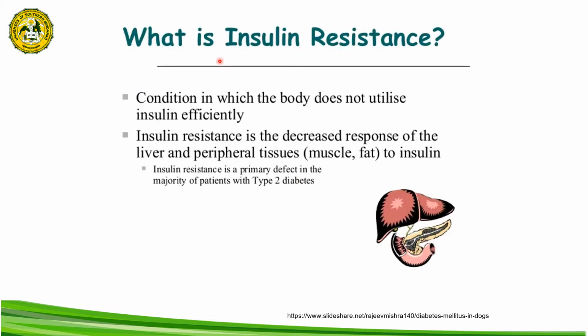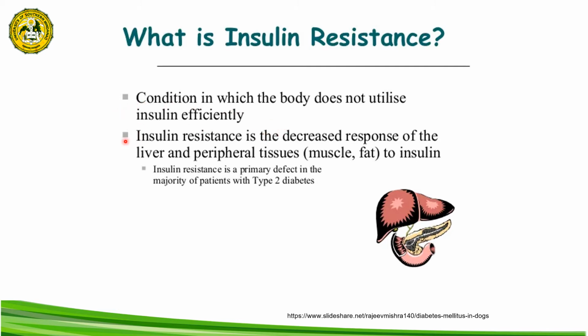So what is insulin resistance? Insulin resistance is characteristic of type 2 diabetes. When we say insulin resistance, that is a condition in which the body does not utilize insulin efficiently. So there is insulin in the body, but the body does not utilize it efficiently, so the glucose stays in the bloodstream.